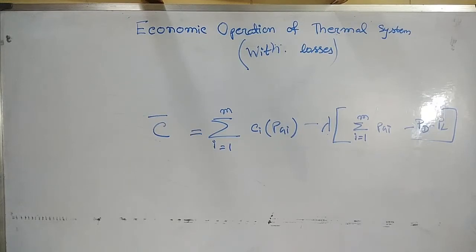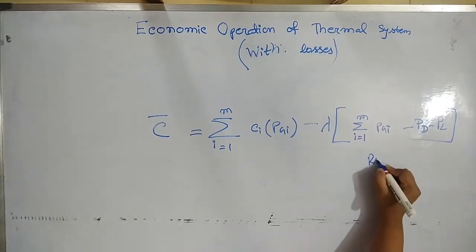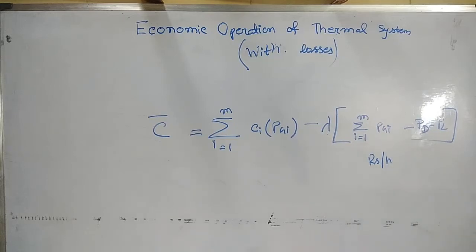The unit of cost is rupees per hour. It follows that for a given real load PDi at all buses, the system loss PL is a function of active power generation at each plant.